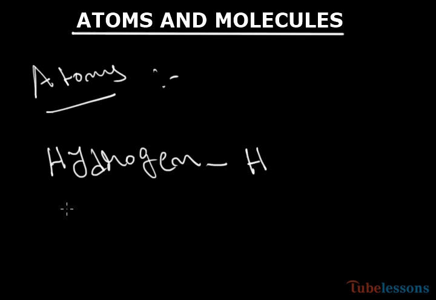Similarly, atoms of oxygen is represented by O. So, again, I define atoms. Atom is the smallest part of an element which participates in chemical reaction but doesn't exist freely in nature.